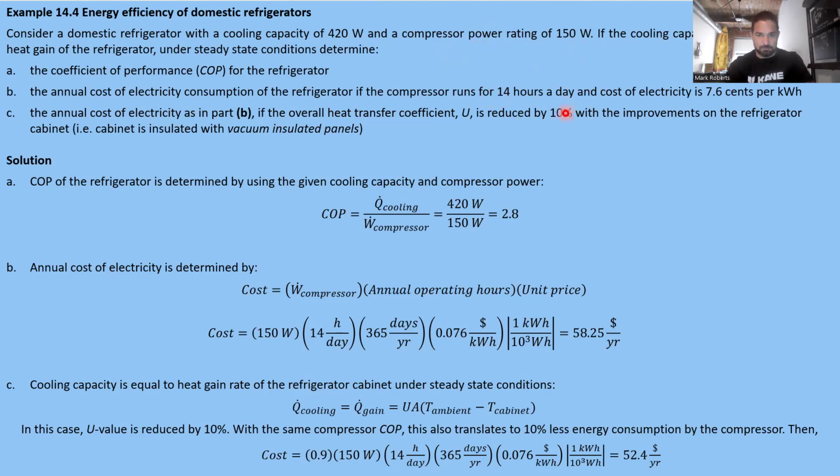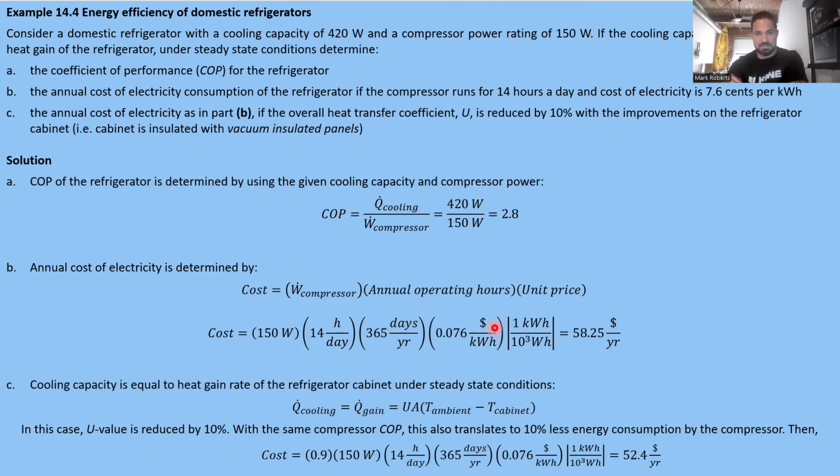You might consider that these refrigerators may turn on all the way or turn off, or may run at certain levels of their power rating, and then it would just have to be calculated accordingly. So this is just saying it's either on or it's off. And so it's running for 14 hours at 150 watts, 14 hours a day, 365 days a year, because we're looking at the annual cost.